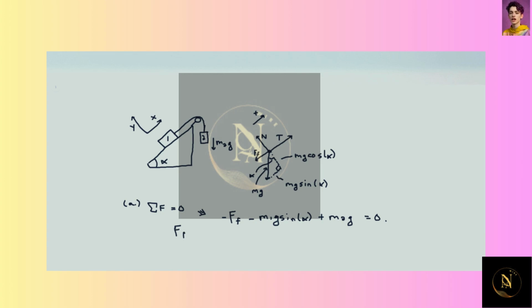Now, the force due to friction when the block is moving is equal to the coefficient of kinetic friction times the normal force. In this case, the normal force is equal to this component, so it's m1 g times cosine of alpha.